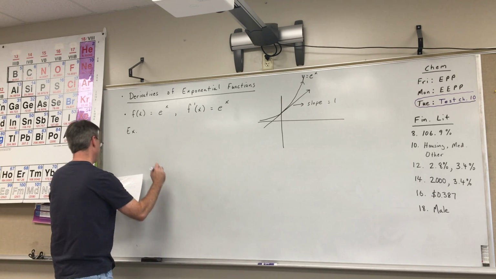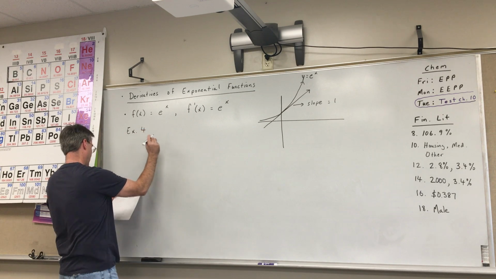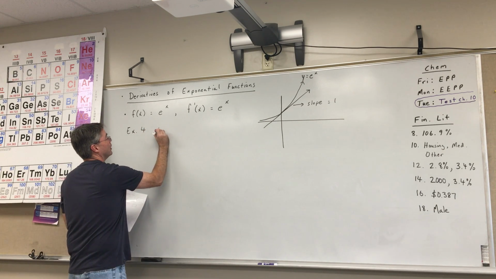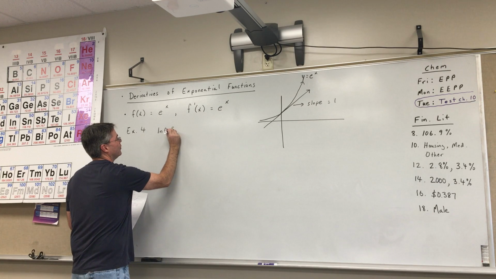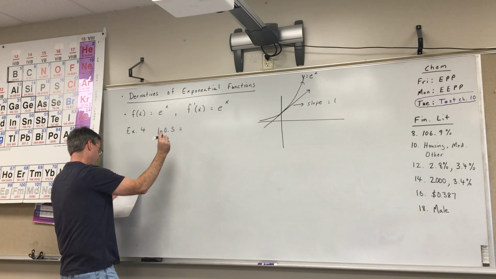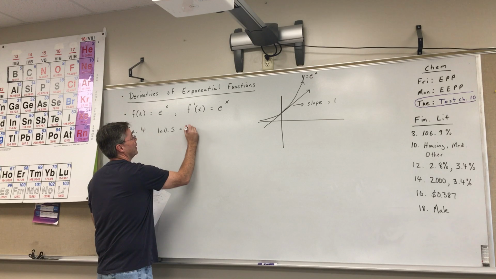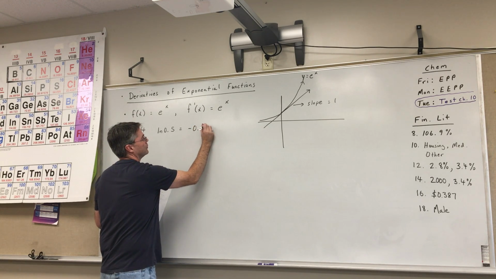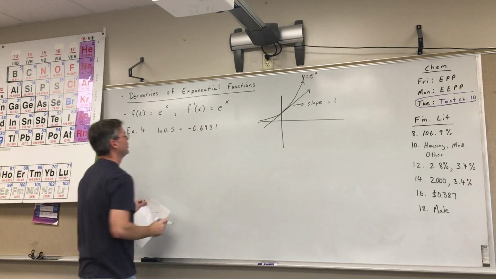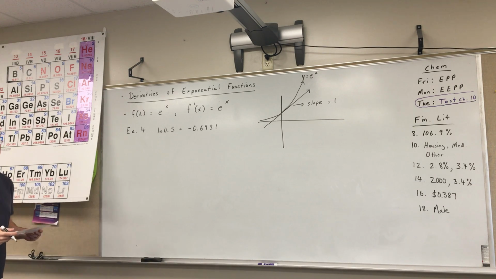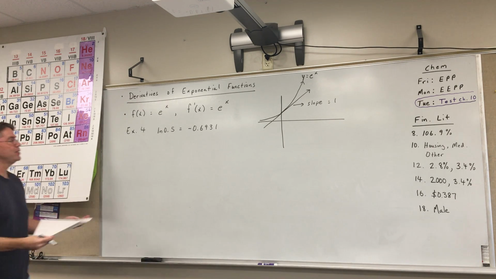Our next example is number 4, where we have the natural log of 0.5 is equal to negative 0.6931. Okay, what you can do there is exponentiate both sides.